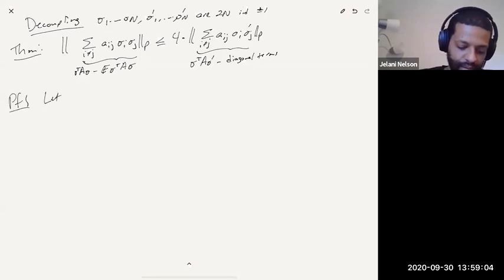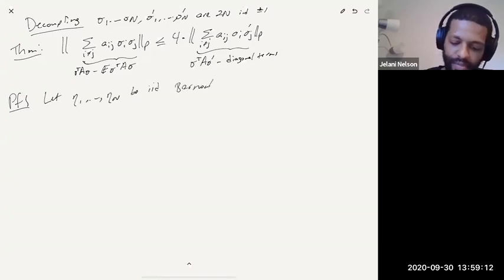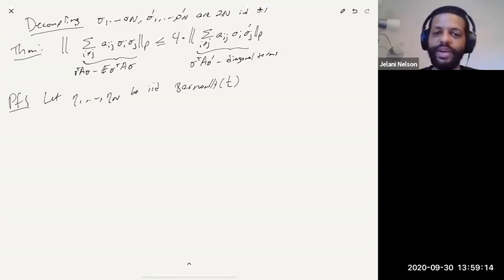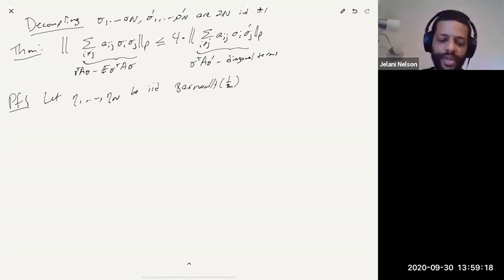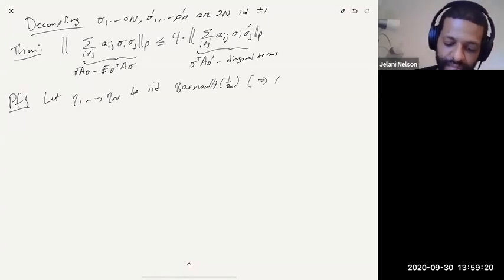Let eta 1 up to eta n be IID Bernoulli a half. So it's 0 with probability 1/2 and it's 1 with probability 1/2. So right, this implies that the expectation of eta I is a half.